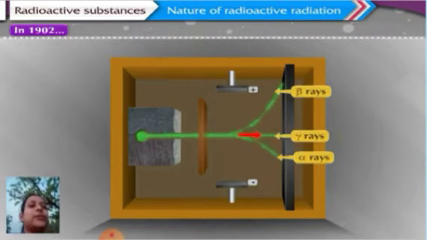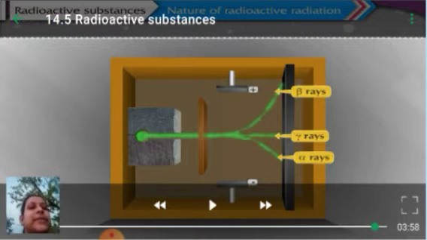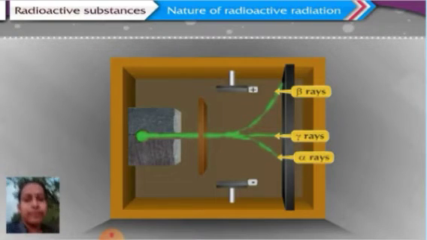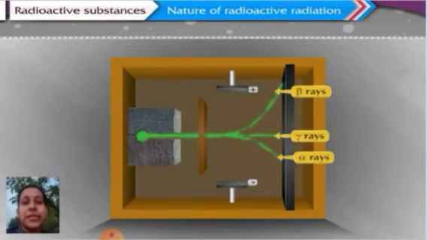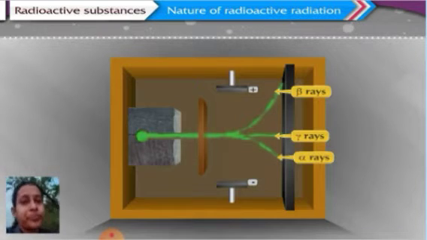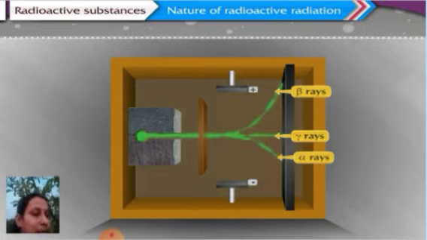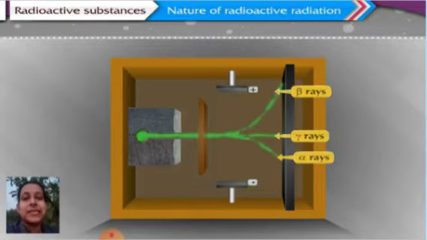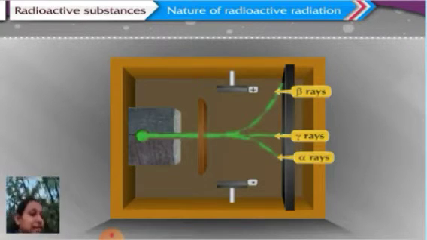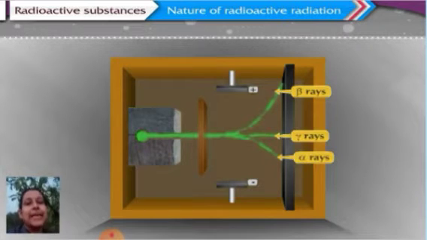These three rays were discovered by Willard and Ernest Rutherford. Now let us understand the different characteristics of alpha, beta and gamma radiations.